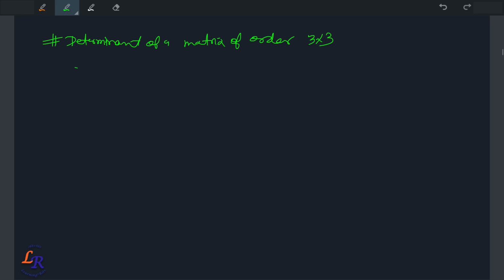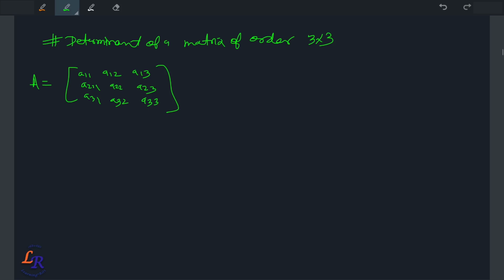So let's say you have a matrix A, which is A11, A12, A13, A21, A22, A23, A31, A32, A33, right? So this is the matrix you have, which is a 3 cross 3.